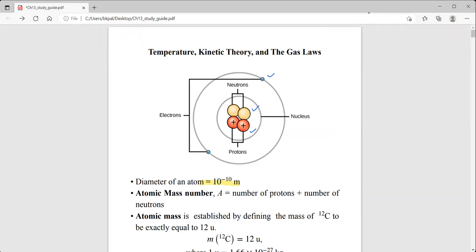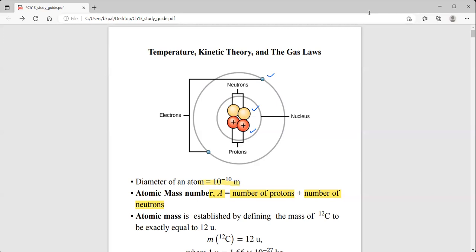We use A to represent atomic mass number, and atomic mass number is the sum of the number of protons and the number of neutrons. It's basically the number of particles that are inside the nucleus.